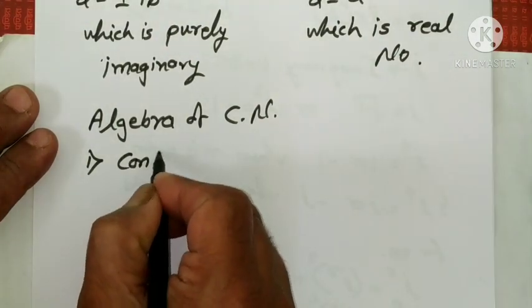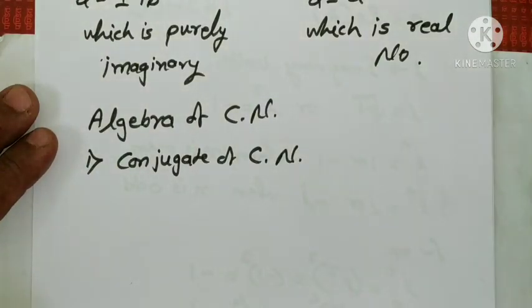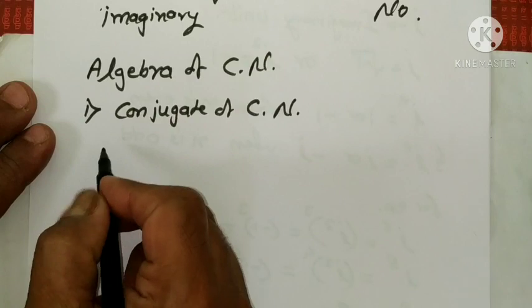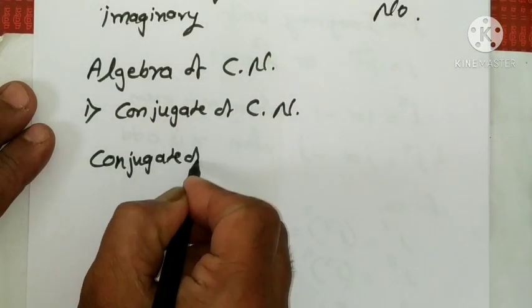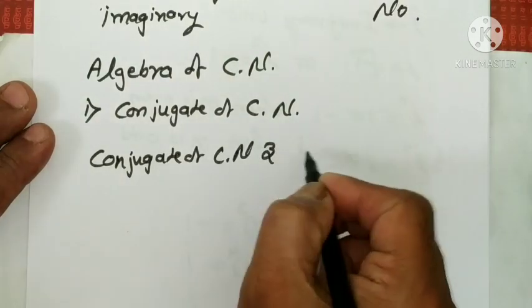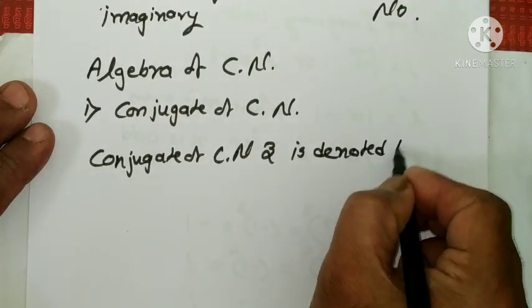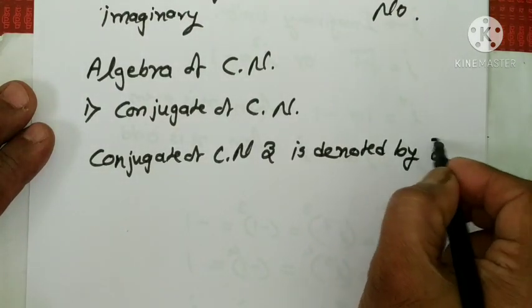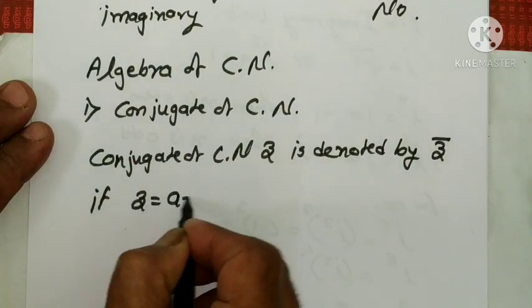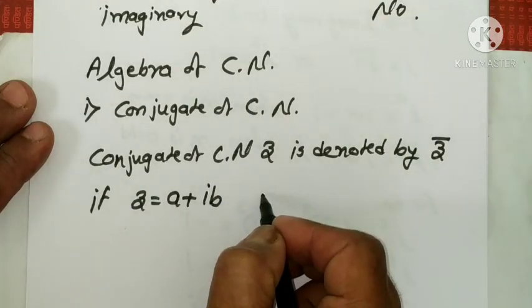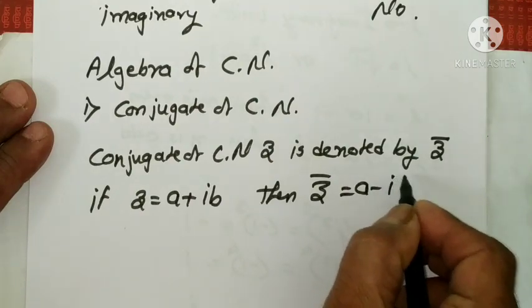The conjugate of complex number Z is denoted by Z bar. If Z is equal to a plus ib, then Z bar is equal to a minus ib.